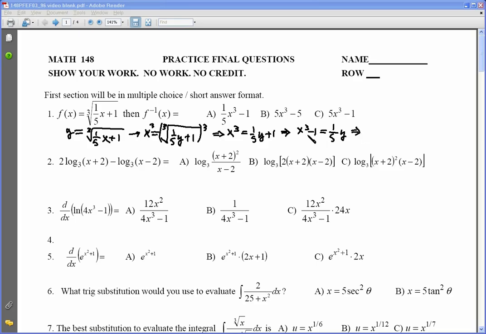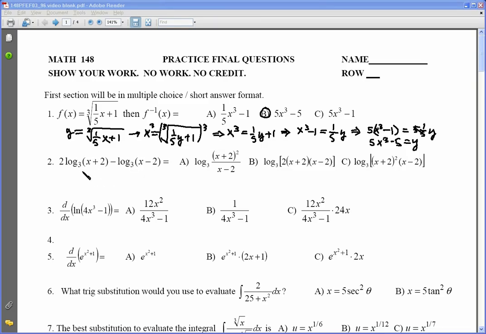And that 5 is going to get multiplied through here. So 5 times (x cubed minus 1) equals 5 times 1/5 y. And these cancel, and so here you've got 5x cubed minus 5 is our y. So right there, B.